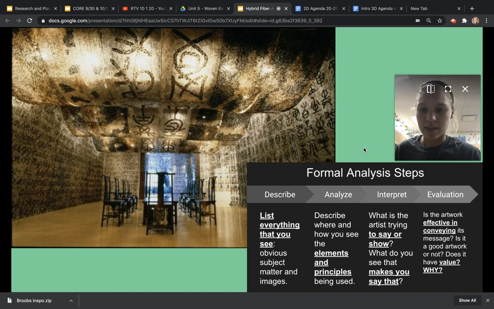You can also say something along the lines of the lines going across the wall create movement across the wall. Being specific about where you find those things would be good. You could also say there's a variety of texture in each of these artworks because of the hair. Okay, and then interpret. That's where you get to talking about what you think this means.